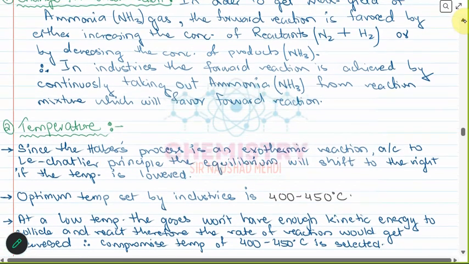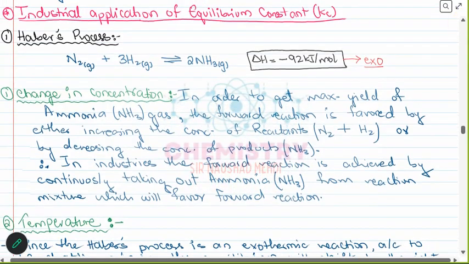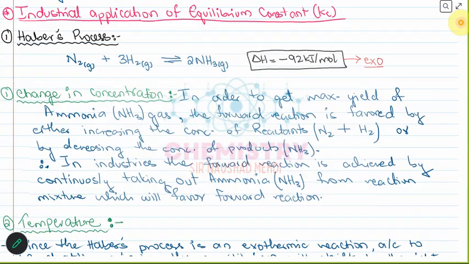So what will happen? If you further decrease the temperature, the overall speed of this reaction will lower down and the rate of forming the ammonia gas will decrease. So ammonia gas will be produced at a very, very slow speed. Understood?